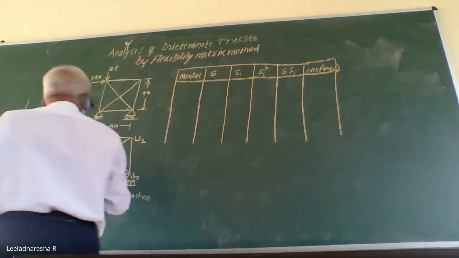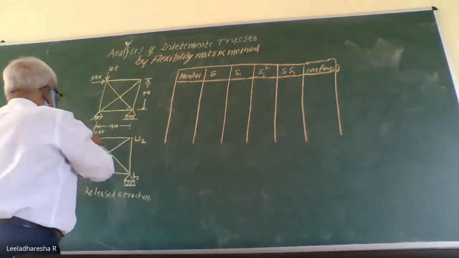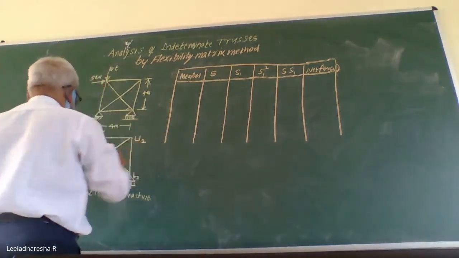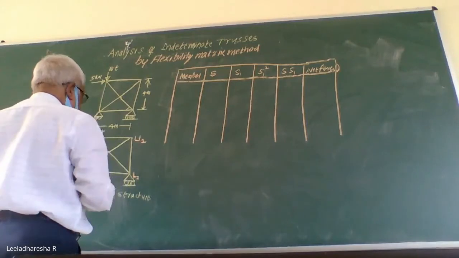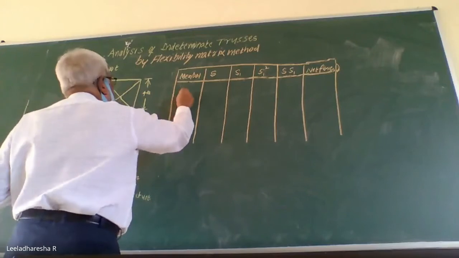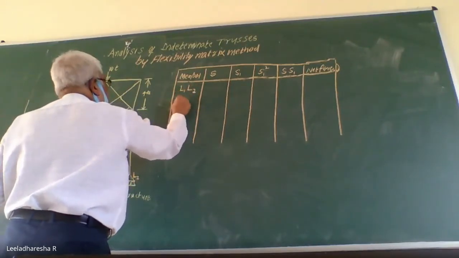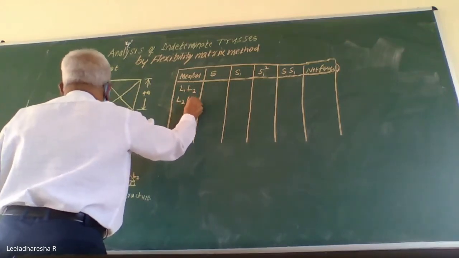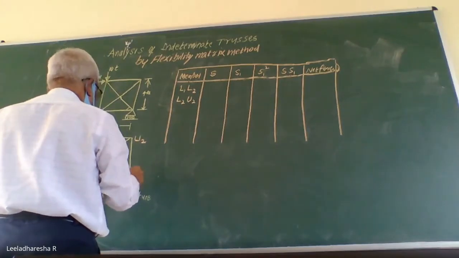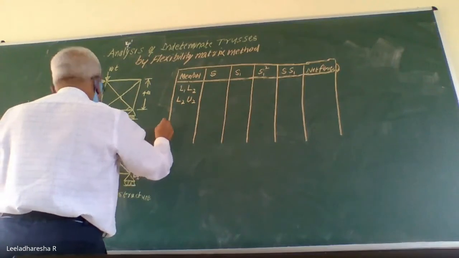Now, delineate all the members referring to this. This member, I can call it L1, U1, and so on. We will call the joints L1, N2, then N2, U2, then L2, U2. Next is U1, U2.